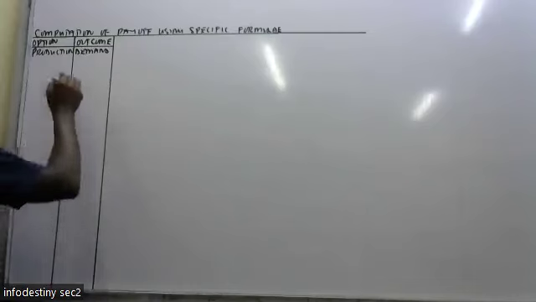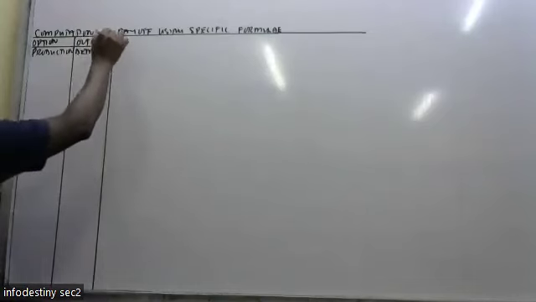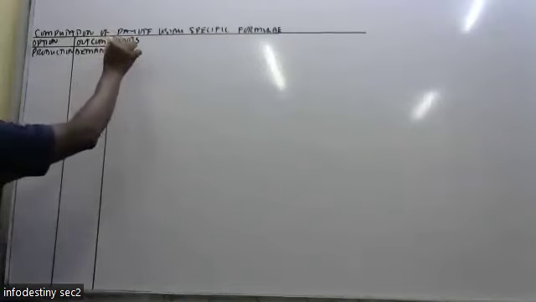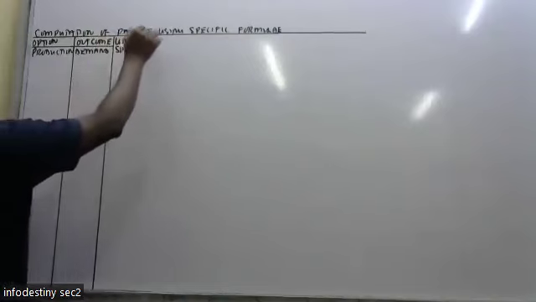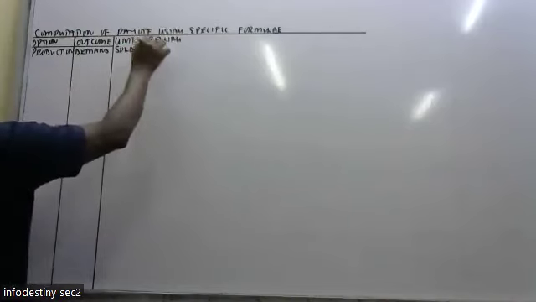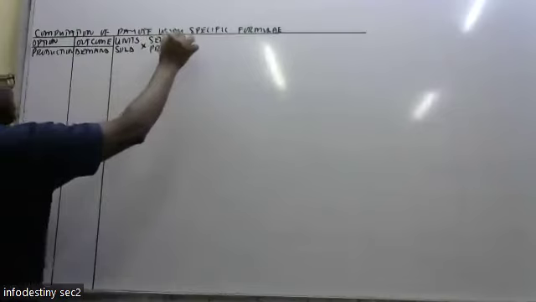So this is how we are going to go about it. Units sold multiplied by selling price.